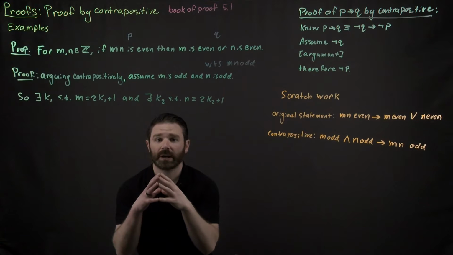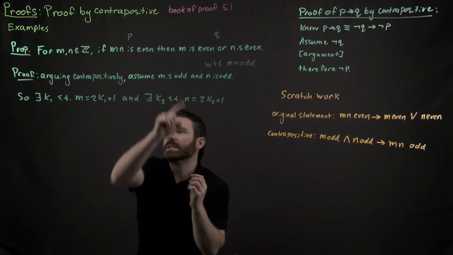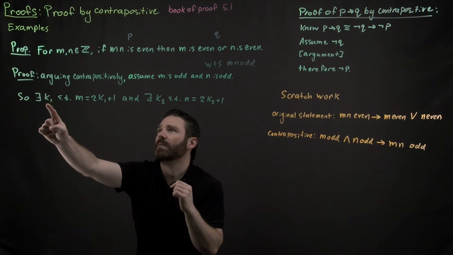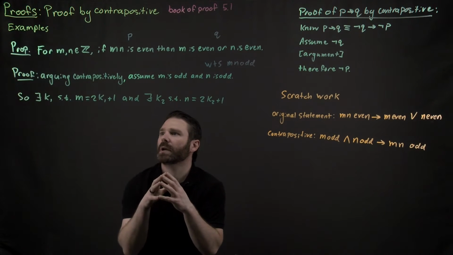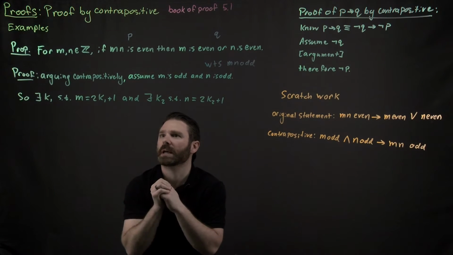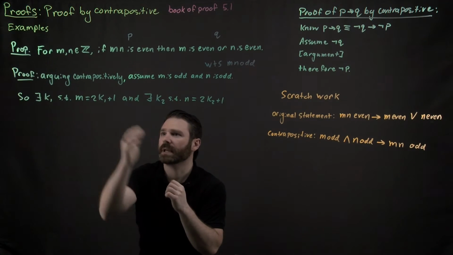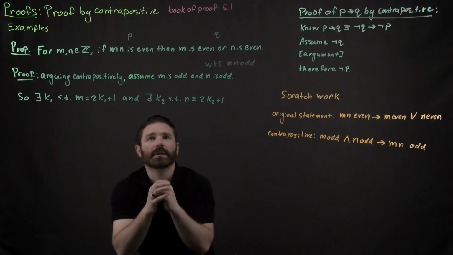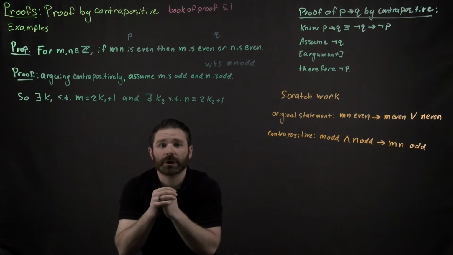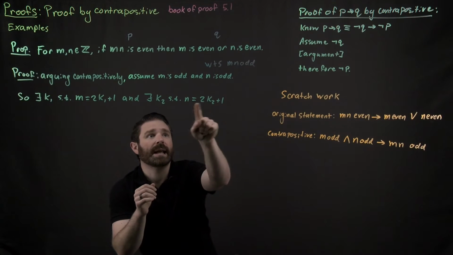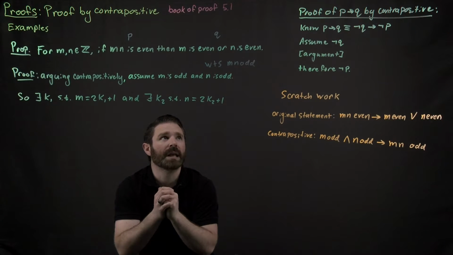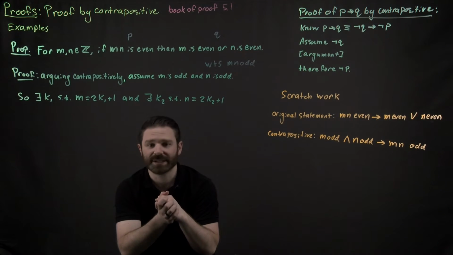By definition of being odd, m is odd means there exists some other integer, here I'm using k1, such that m is 2 times it plus 1. And n is odd means there exists some other integer, here I'm using k2, such that n equals 2 k2 plus 1. And what I want to show is that m times n is odd.